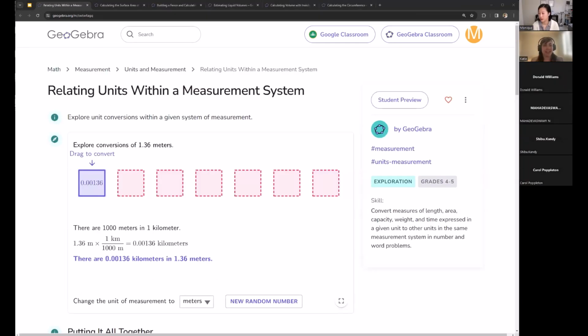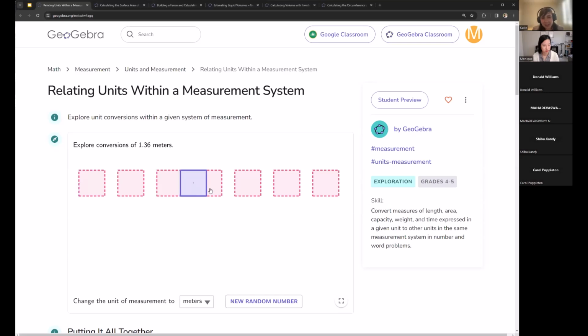Yeah, that's the one. Okay, so relating units within a measurement system. Let's take that little purple box, that number there, and drag it horizontally and see what's happening. As you notice, that number is changing. So what is happening as you go from box to box?